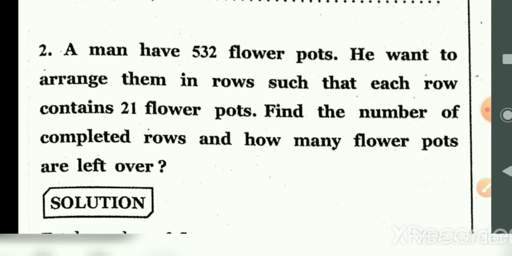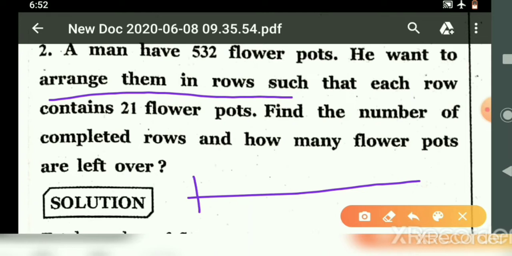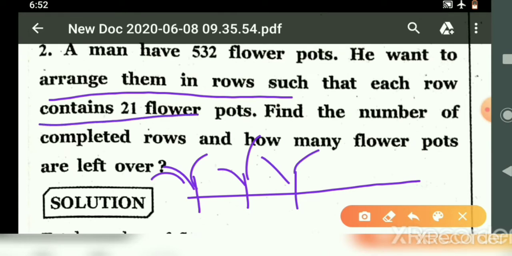Each row contains 21 flower pots. Find the number of completed rows and how many flower pots are left over.